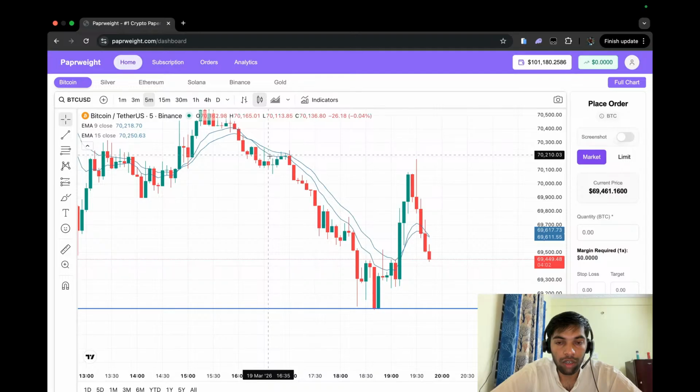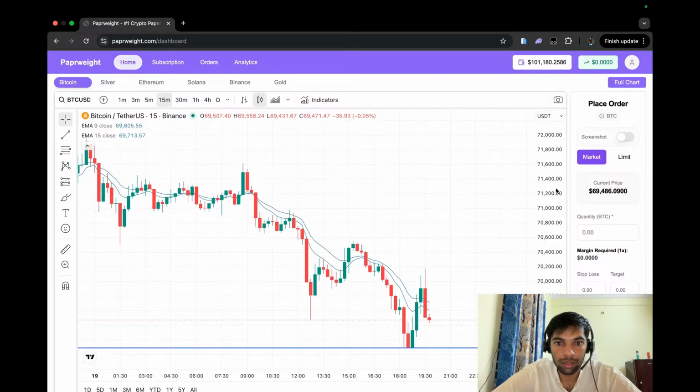See, the market has fallen a lot till here. Then it took a pullback till here. Then it made a huge candle in the downward direction. The 15-minute candle is quite huge.